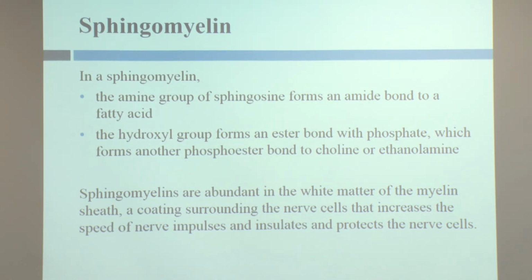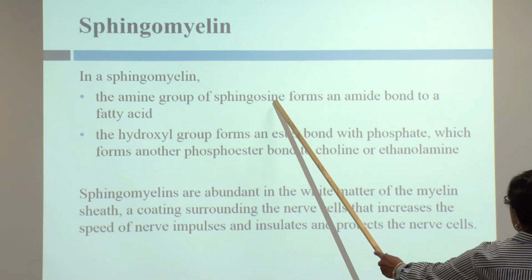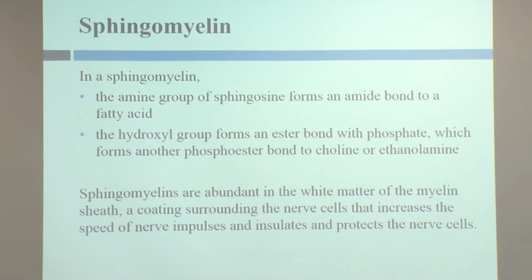And there you see the basic structure of sphingosine. You can see that it contains an amino and a hydroxyl. That's what they are talking about. The amino and hydroxyl give an amide bond and an ester bond. So where are the amide and the ester bond being formed? It is at the amino and the hydroxyl group.